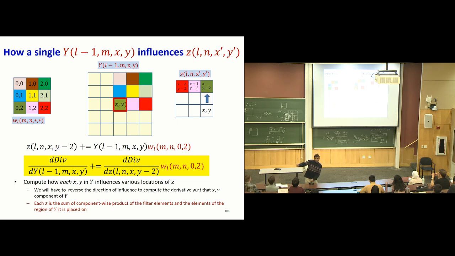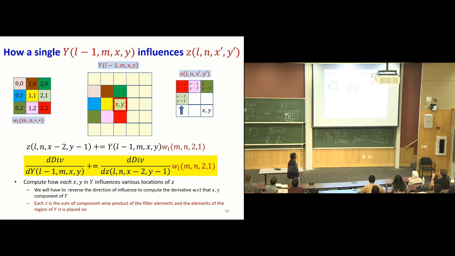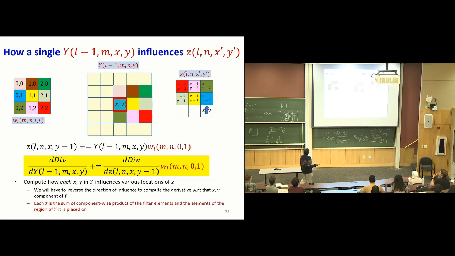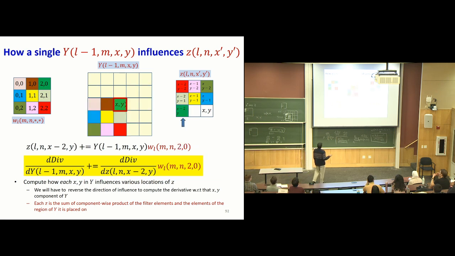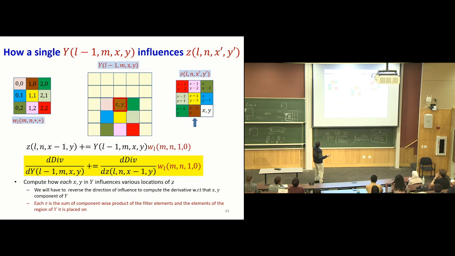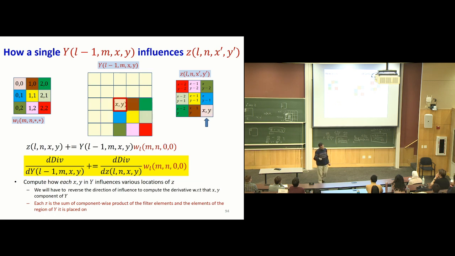And then it's not going to influence anything further down, correct? Now this xy influences this z. Which weight index would that be? 2, 1, right? And then the next one is 1, 1. The next one is 0, 1. This is 0, 2. Okay, it's 2, 0. It's 1, 0. And then 0, 0. Okay.